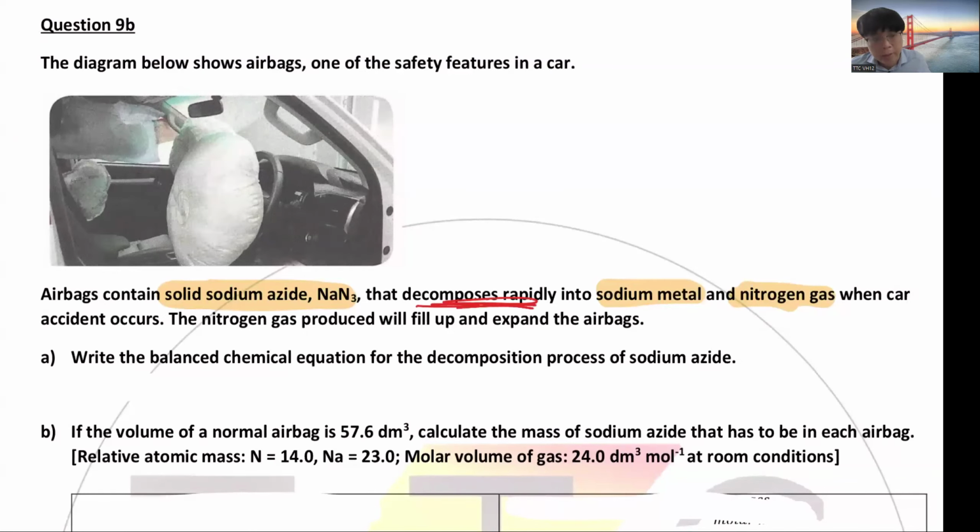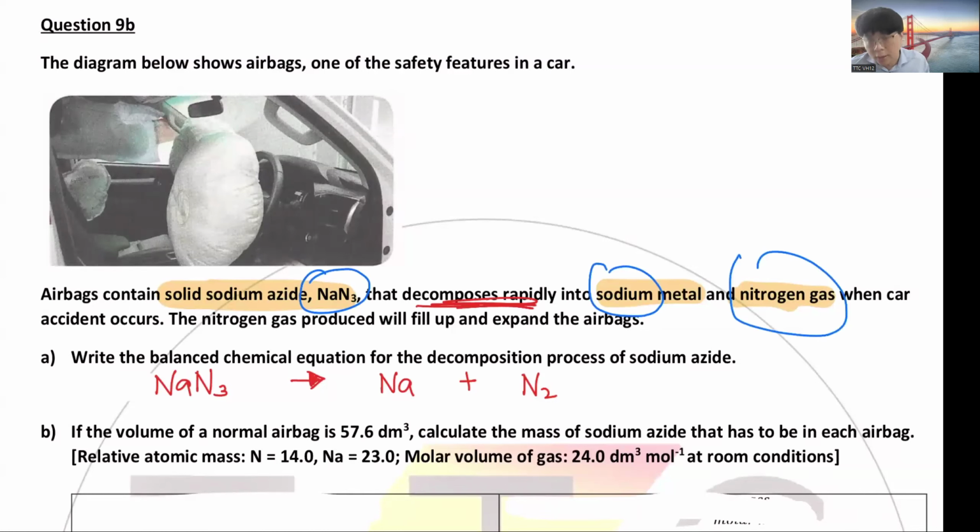Okay, so you write the equation. NaN3 decomposes to become sodium metal and nitrogen gas. They will give you this question. Then you write accordingly. Sodium metal is Na, and the nitrogen gas is N2.